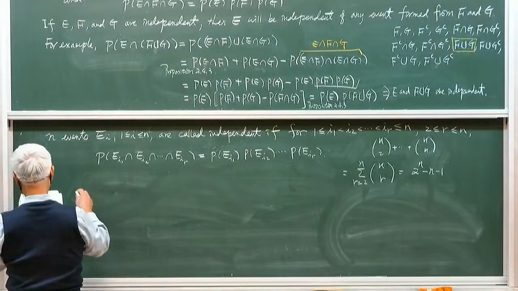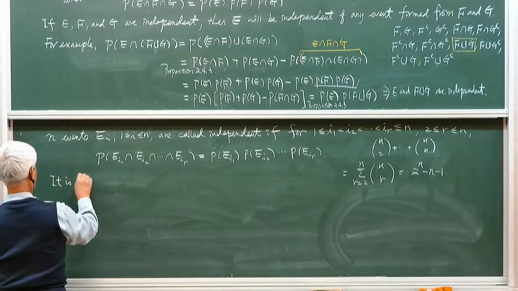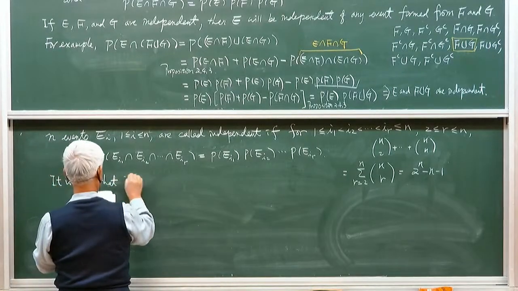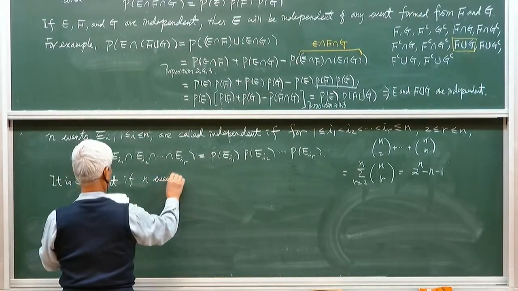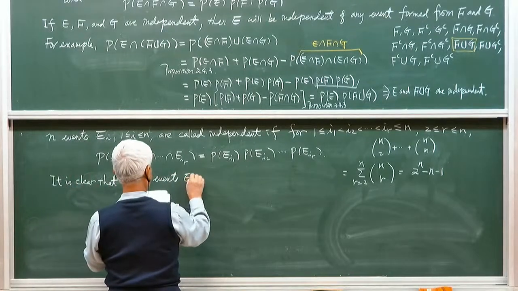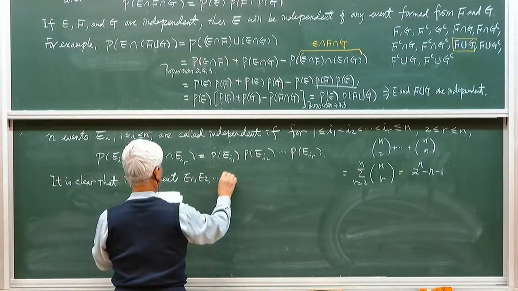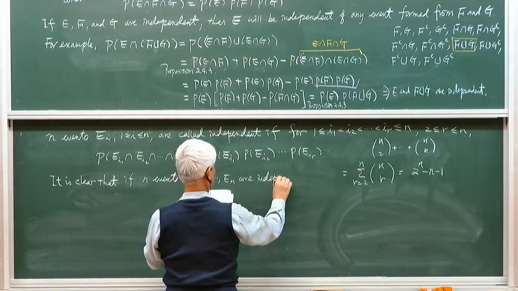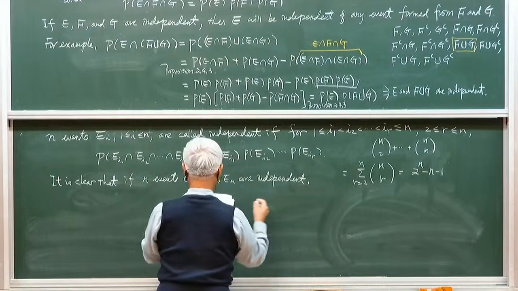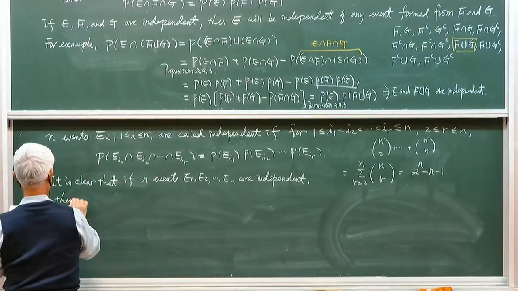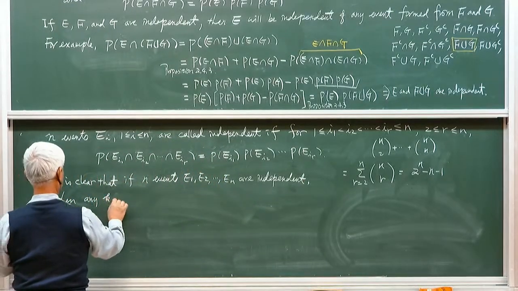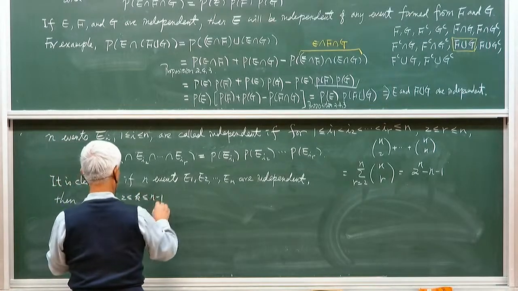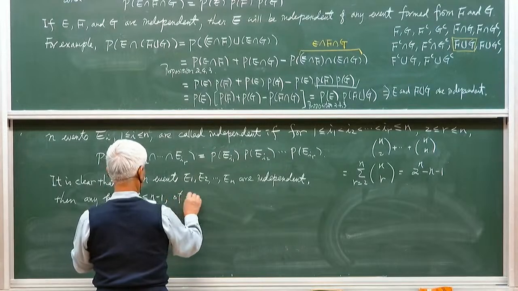And from this definition, it is clear that if n events E1, E2 up to En are independent, then any k of them, between 2 and n minus 1, are independent too.